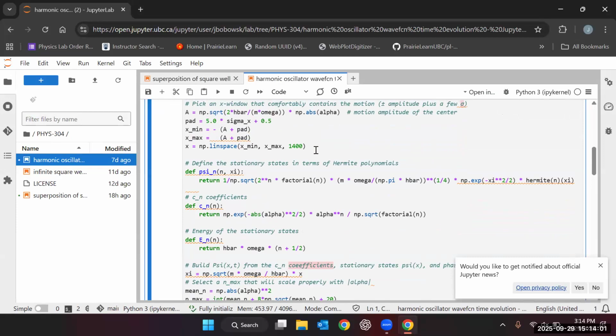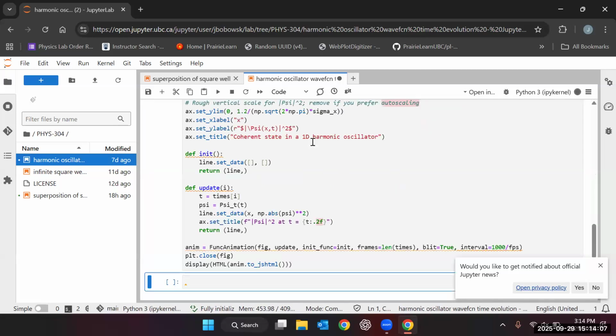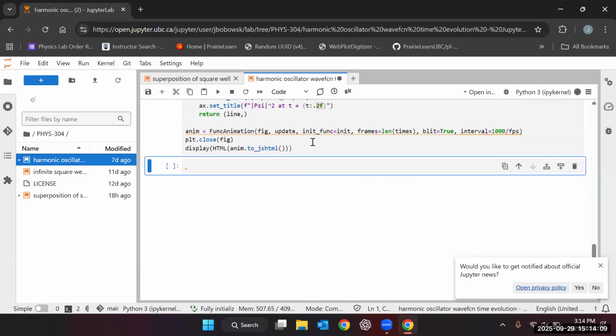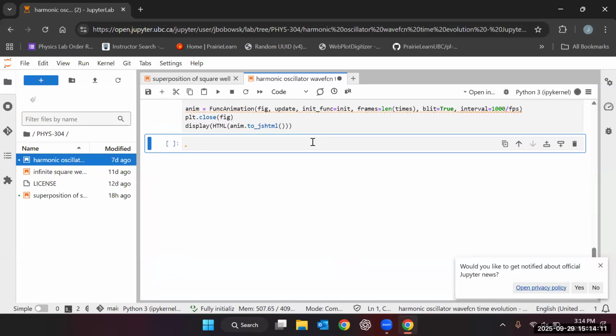Here is the energy, h bar omega, n plus a half. It's all exactly what I showed you. I'm just going to run this, and it should, after about a minute, make a little animation that we can play that shows the square of the wave function as a function of time. And we're going to be looking for this oscillatory type behavior.